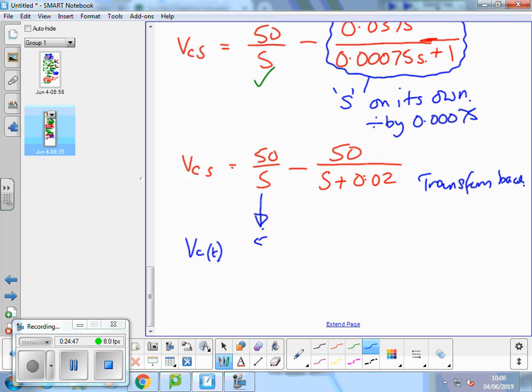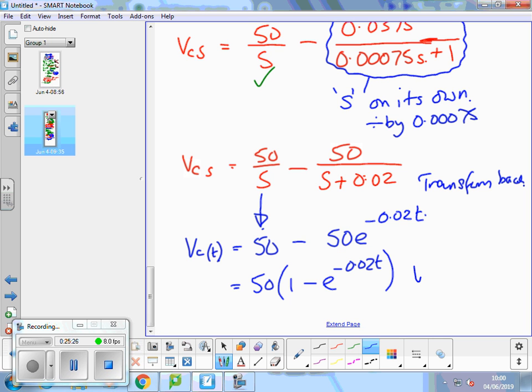This bit goes to 50, and a constant over S plus another constant goes to 50 e to the minus 0.02t, which can be more succinctly written as 50 times 1 minus e to the minus 0.02t volts.